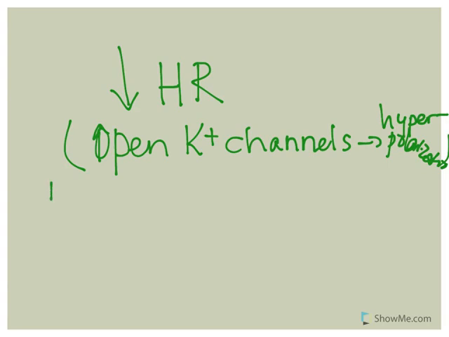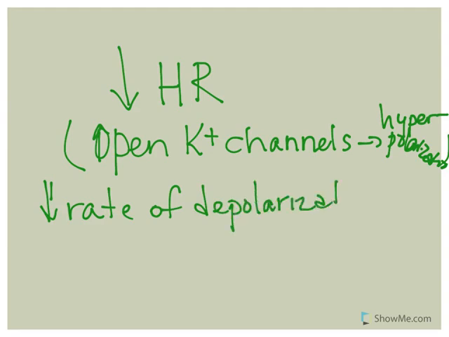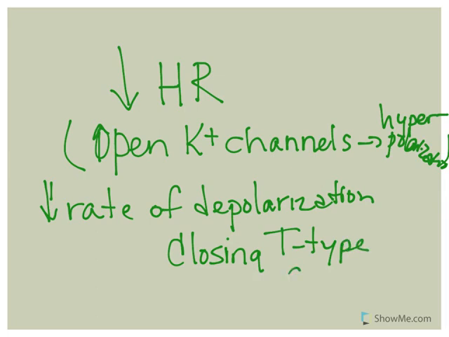And you decrease the rate of depolarization because, again, you're closing T-type calcium channels. So overall, the effects of parasympathetic innervation is primarily a decrease in heart rate.